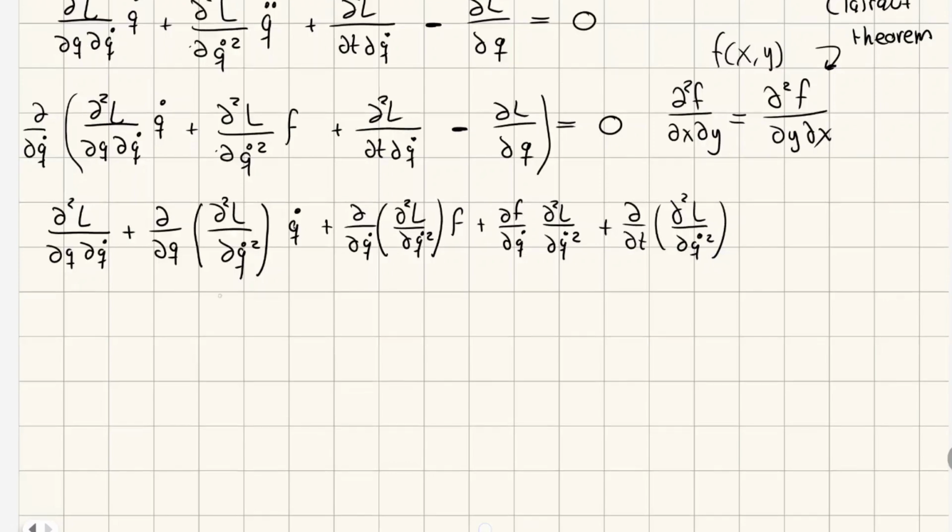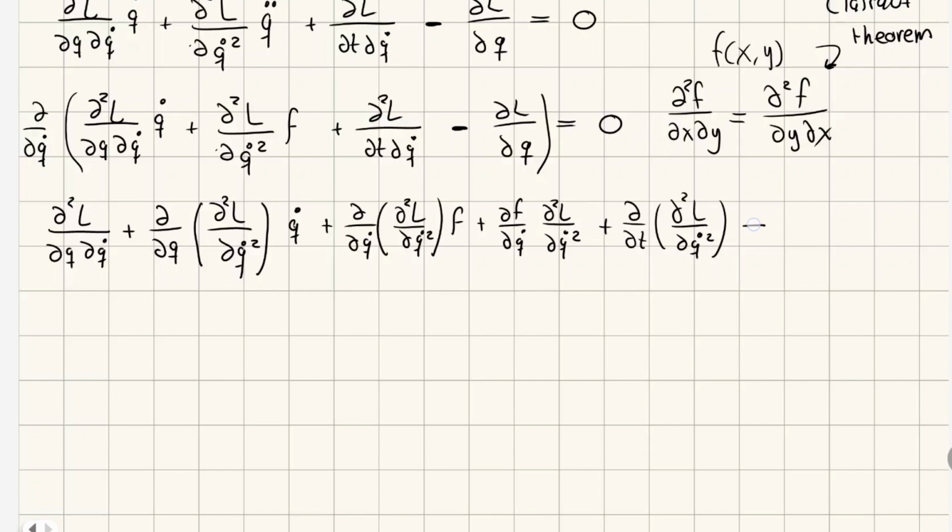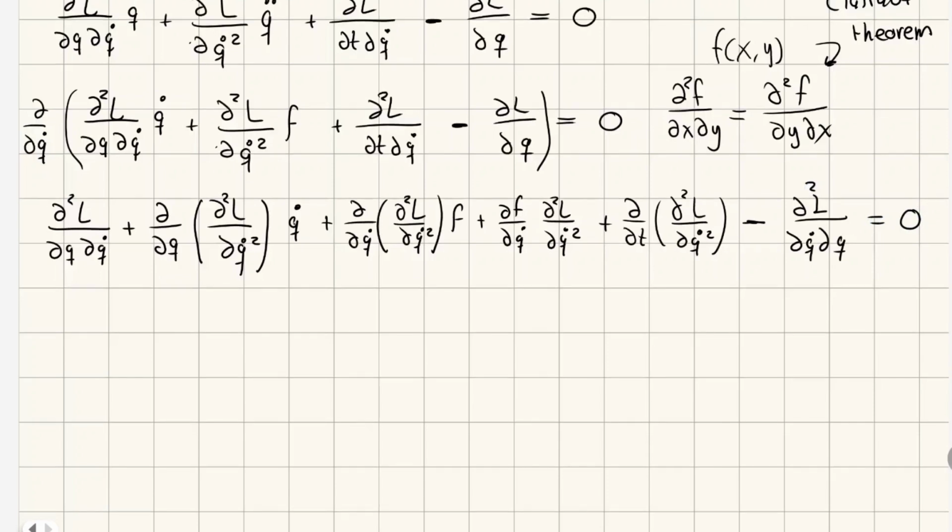Look that we are actually trying to leave the second partial of L with respect to q dot because we are going to introduce a new variable there. You're about to see it, and then minus the partial with respect to q dot with respect to q of L, and this will be equal to 0. Okay, and this will be the second partial derivative.